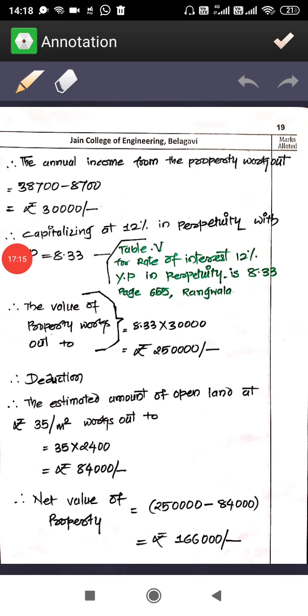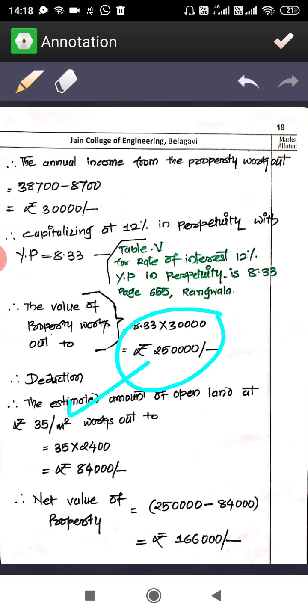Now here what we have is the deduction: the estimated amount of the open land at rupees 35 per square meter is to be worked out. Now we have got 2,50,000, the amount from 8.33 into 30,000, and then we have to do the deduction with respect to the open land at rupees 35 per square meter.